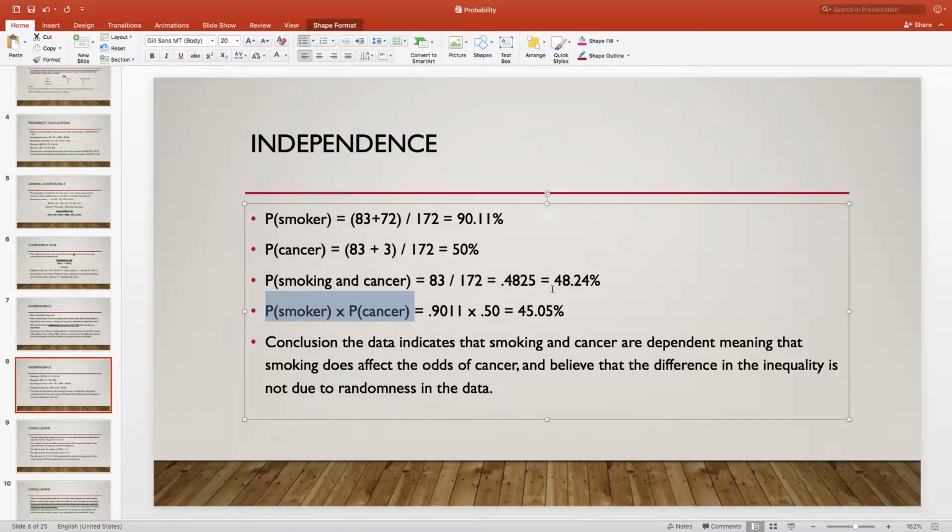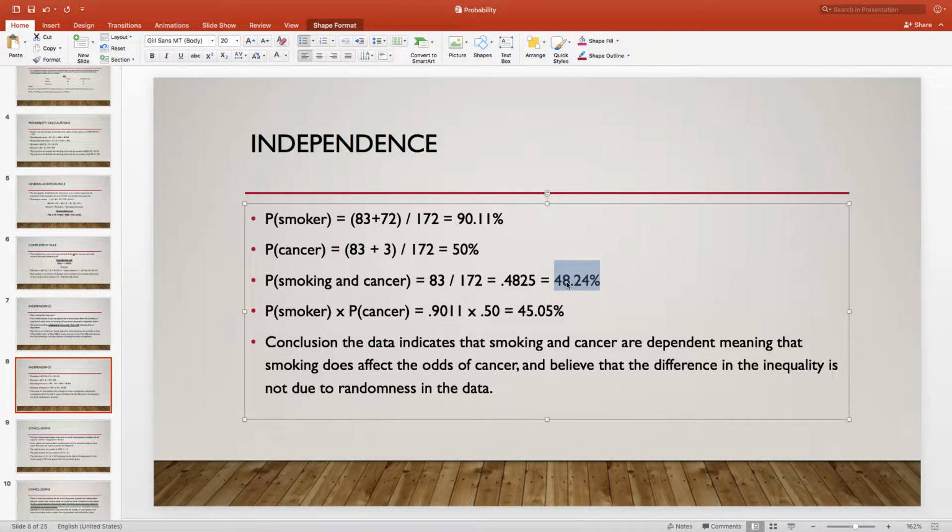So, like, if this was, instead of being 48%, more like 46 or 45.5%, maybe I'd be more okay saying that they're independent. But because these two numbers don't seem to be equal by random chance, I'm going to say that they are dependent.